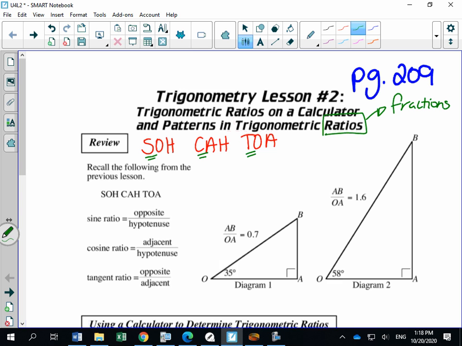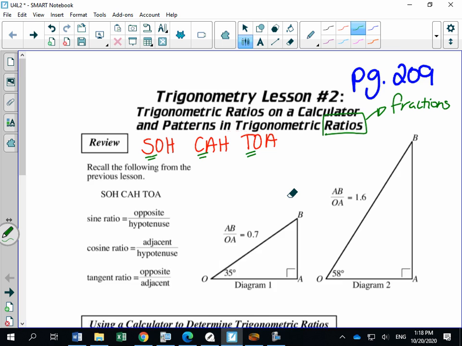And the fractions come from the sides of a triangle, right? So there's 3 sides of a triangle, and a trig ratio is going to be looking at a triangle and looking at 2 sides together. So the sine trig ratio is opposite over hypotenuse, the cos trig ratio is adjacent over hypotenuse, and the tan trig ratio is O over A.